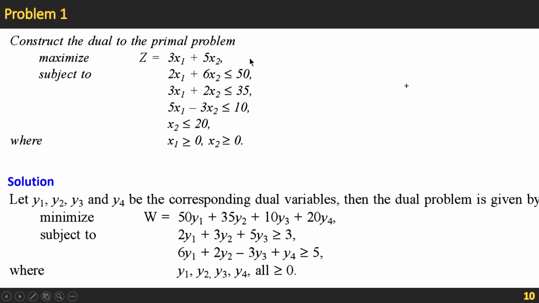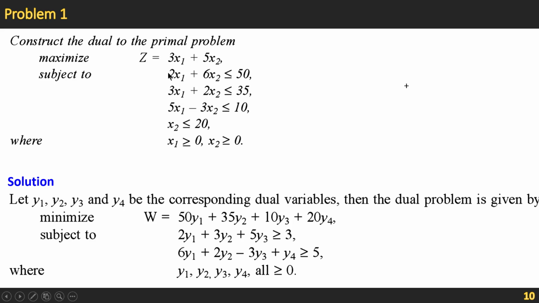Okay, now let us take some problems and construct the dual of the primal problem. This is the problem which is given and we have to convert it into the dual. Simple. W is equal to what we will write. The objective function of the dual, this part, which one will come? The RHS will come here. So the RHS has come, right? Maximize it was, minimize it has become.